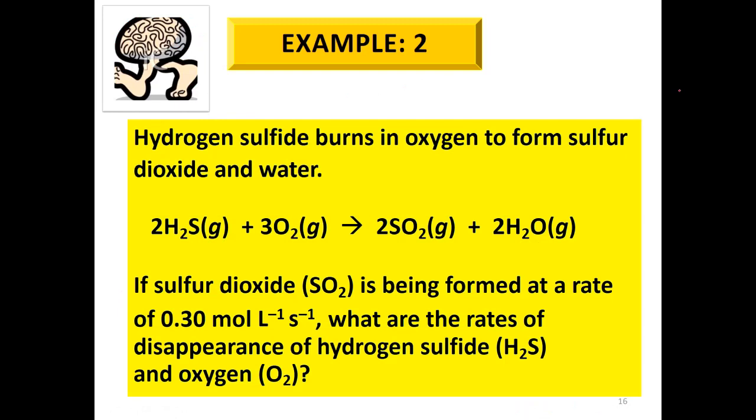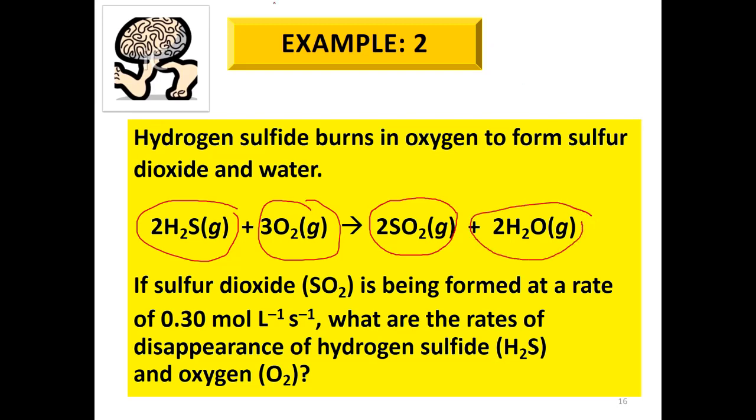Now we proceed with example 2. 2 moles of hydrogen sulfide react with 3 moles of oxygen to produce 2 moles of sulfur dioxide and also 2 moles of H2O.